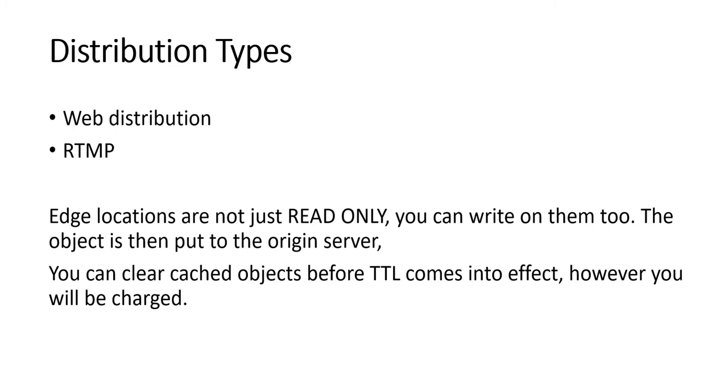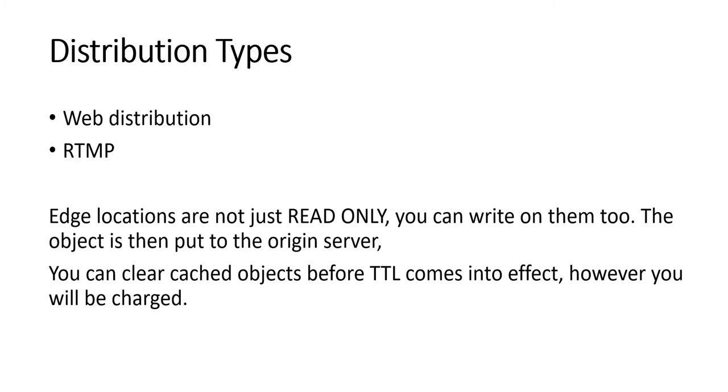And edge locations are not just read only, you can write on them too. The object is then put to the origin server. You can also clear the cached objects from the edge locations before TTL comes into effect, but this will be charged.